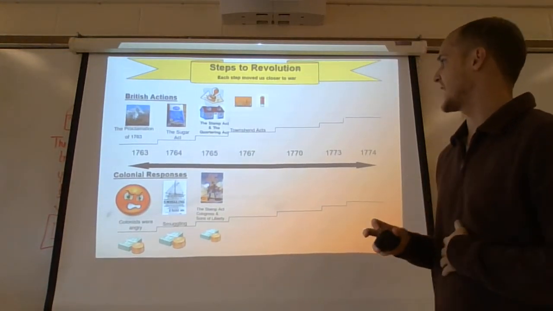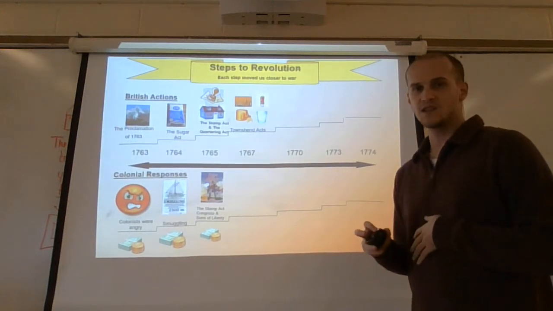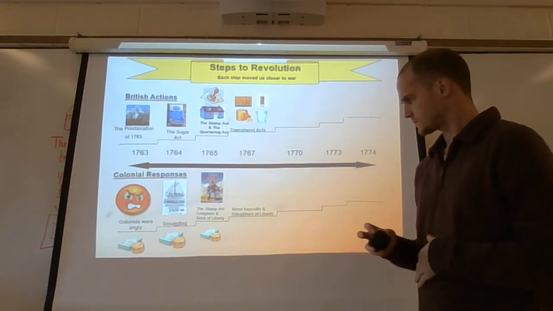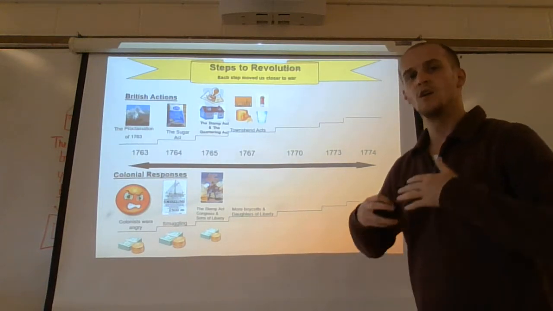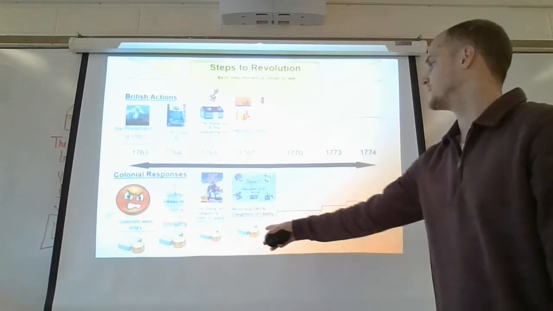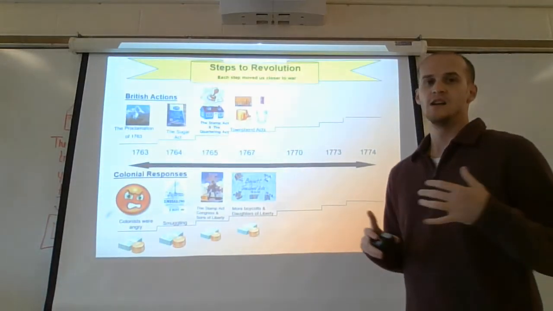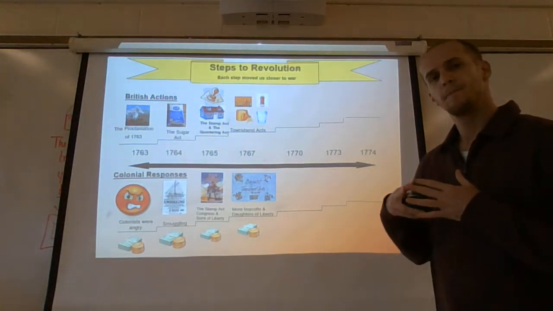So then the Townshend Acts take place, taxes on various things, various goods, many, many resources. More boycotts emerge. We're no longer buying British goods, hoping that it costs Britain money. And then you also see the Daughters of Liberty take place, where females come to power.